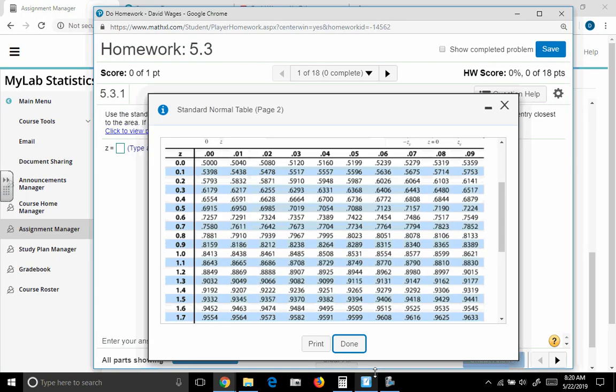So let's see how close we can get to 0.8714. So here's 0.8708, here's 0.8729. This one is closest to 0.8714. So that corresponds to a z-value of 1.1, and then the next digit is 3. So 1.13.